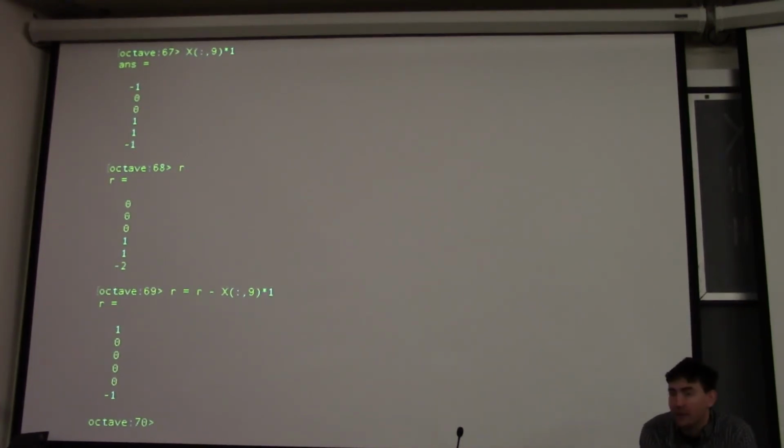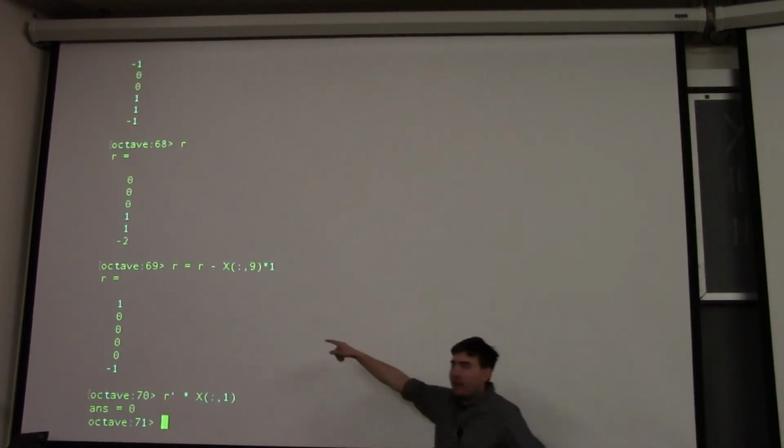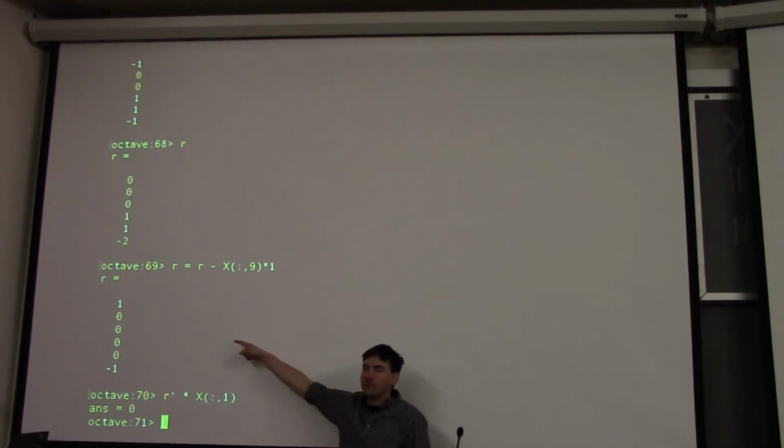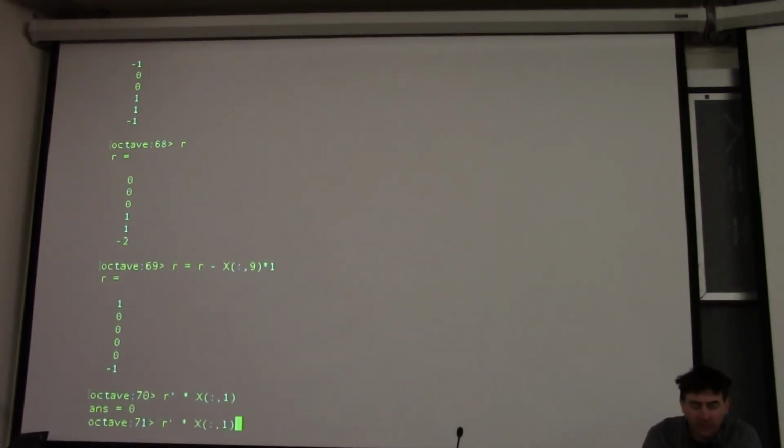Okay, so now this was the first round. Now I need to go back and do all of this again. I need to check which one of these columns is the most effective. I've updated my residual now, I used Y equal to R, and now I've updated this. So I checked the first column, still useless.